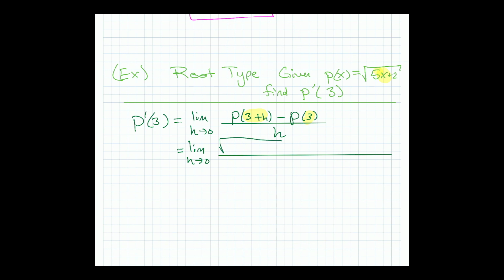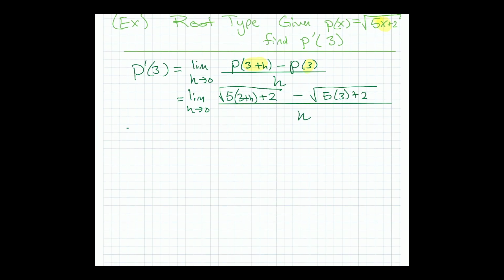So we have a square root 5 parentheses 3 plus h plus 2 minus square root 5 3 plus 2 all over h. Now these square roots aren't going to work out to really nice numbers or anything, unfortunately. I'll give myself even more room here. But it is what it is. So all we can really do is work out what's in the square root a little bit.